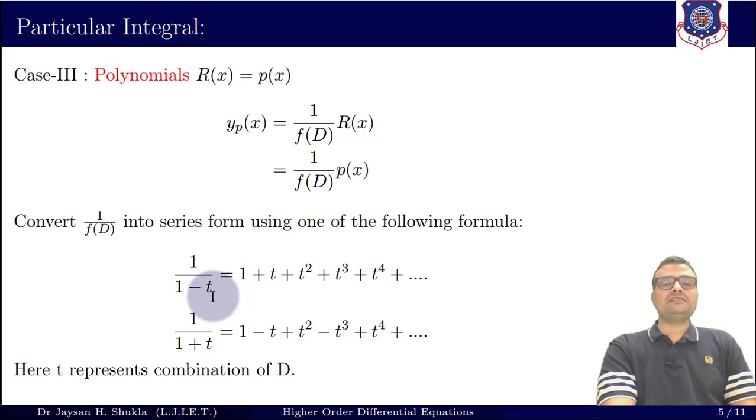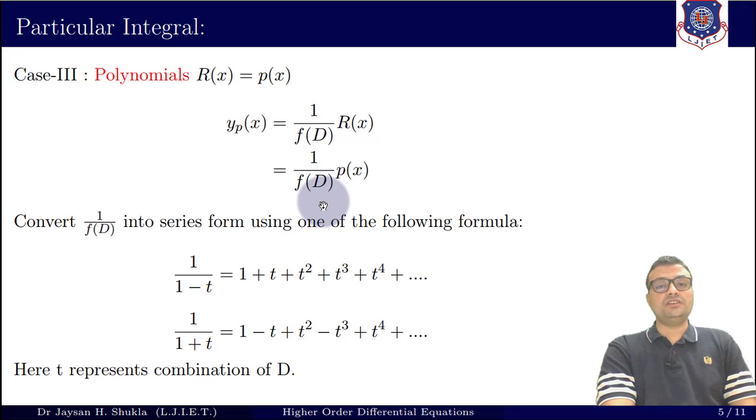Here t is some combination of D. So what I am asking all of you is, in the denominator f of D there will be a polynomial of D. Consider the lowest possible term of D.